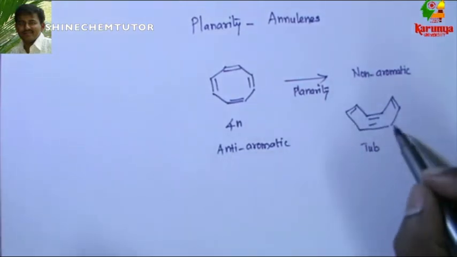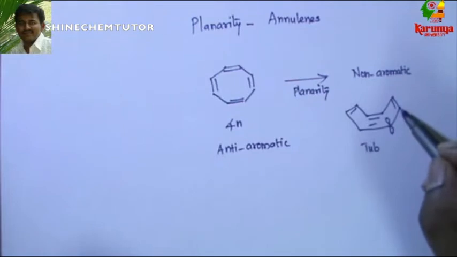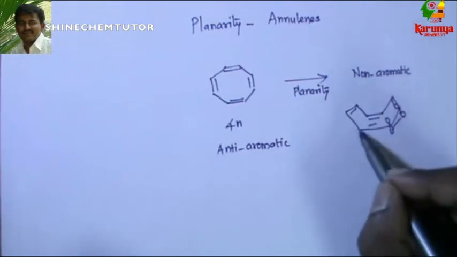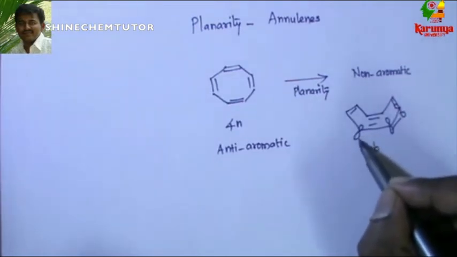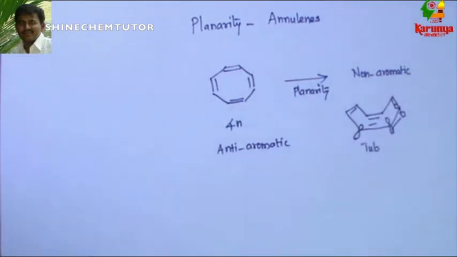Now we can see here the pi orbitals cannot overlap effectively. The distance between this and this increases. So the bonding interaction will be very less. They cannot overlap.